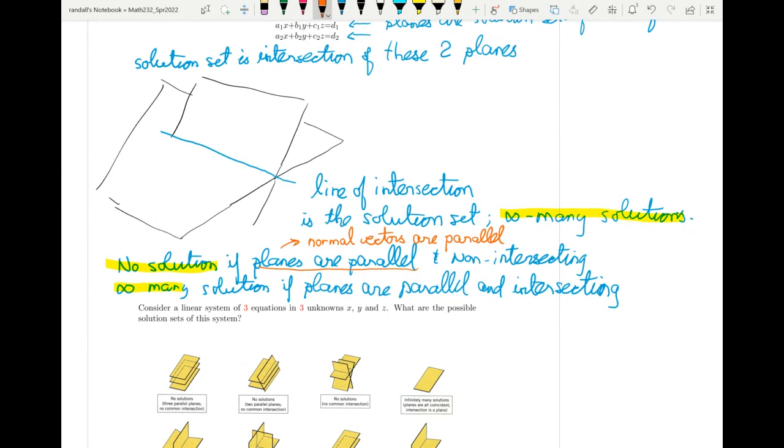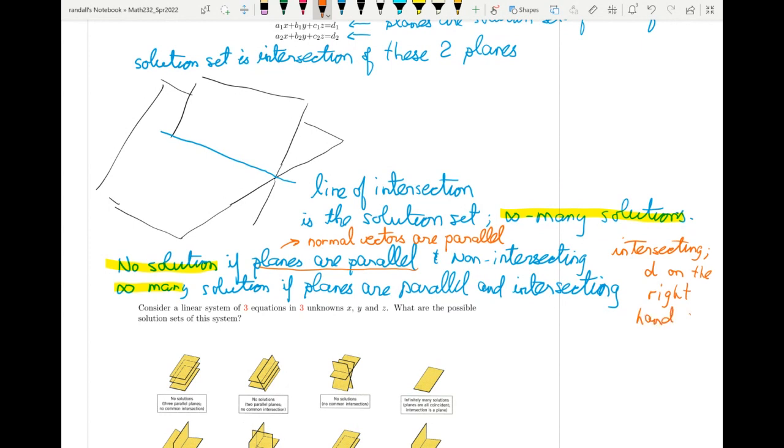Two vectors are parallel if one's a scalar multiple of the other. So if we have the scalar equation of these planes, then it's easy to tell whether they're parallel or not. Whether they're intersecting or not, you need to look at the D on the right-hand side.